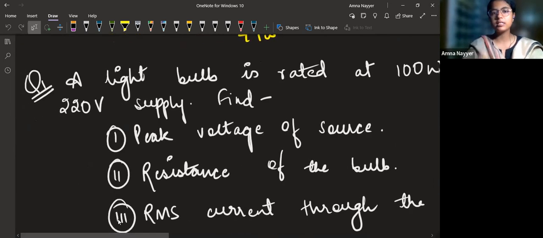So power is 100 watt and ERMS is given to you as 220. Yes, this is alternating current going on. So we are almost towards the end of alternating current. Power is one question we have to do. And after this question, we'll complete transformers. So transformers will be completed in today's class only. And then we'll start with EM waves.